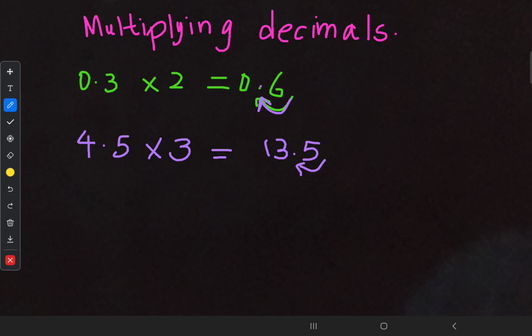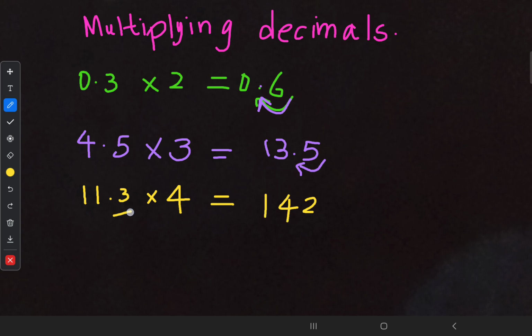Another example. 11.3 multiplied with 4. Let's multiply 113 by 4. That will give you 452.